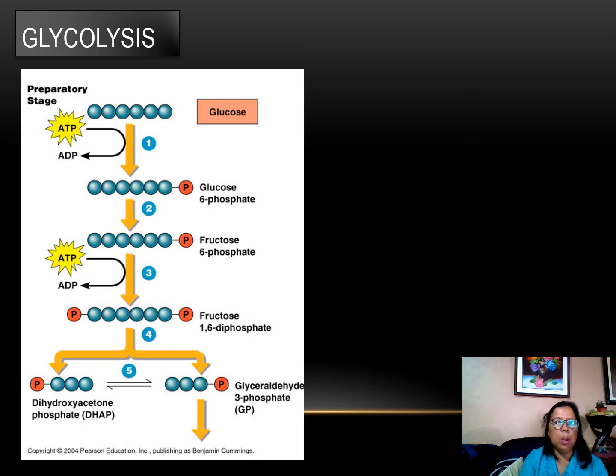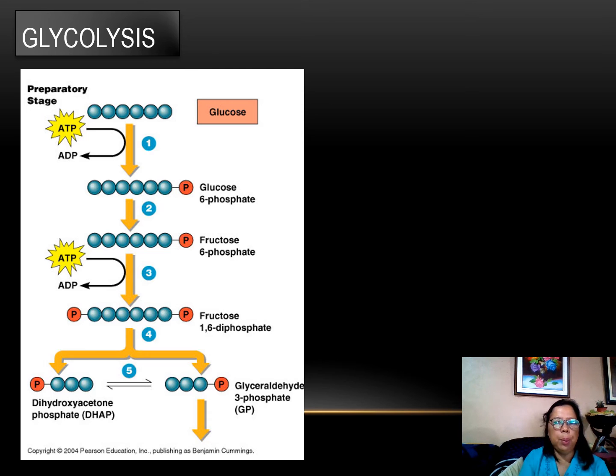Of course, you have here the molecular carbohydrates, followed by the conversion of ATP to ADP. Then glucose 6-phosphate is produced, and then the ATP will again be broken down into ADP.